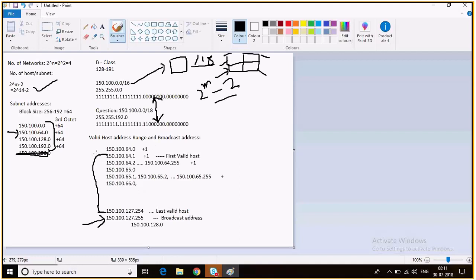So if you count these total addresses, these will come out to be 2 raised to the power 14 minus 2, right? So this is how B class subnetting is done. This is how a few questions of B class subnetting will go.